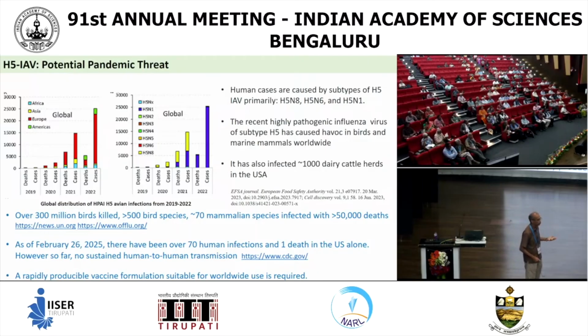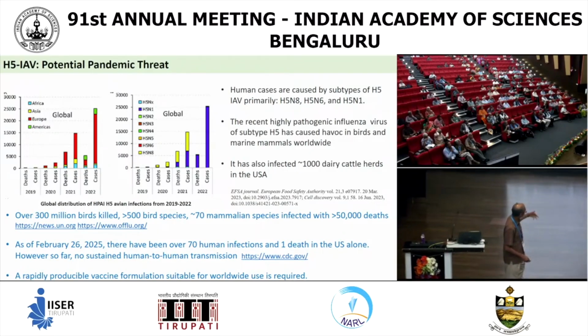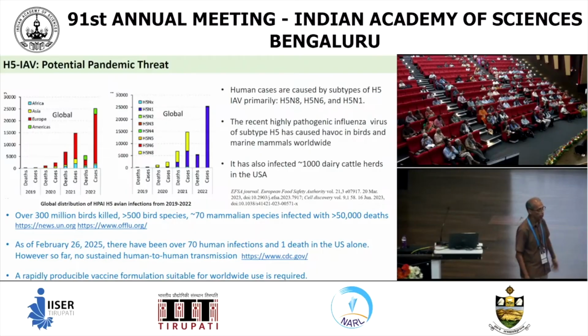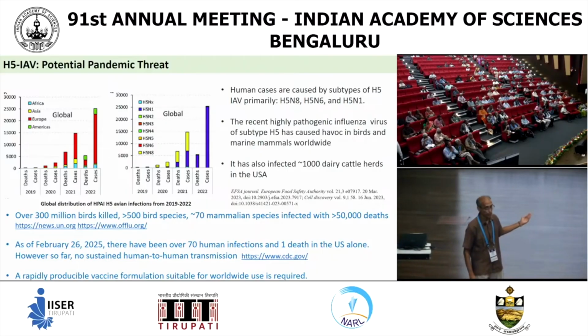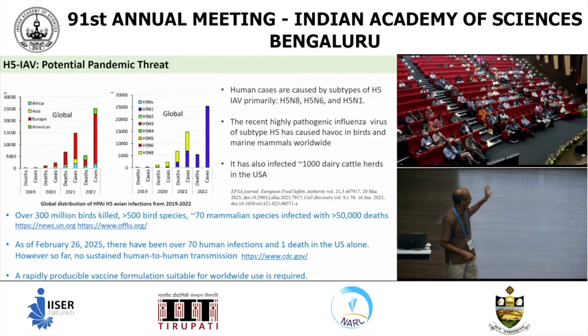So people need to pasteurize the milk, heat it up before they drink it. So we and others have been working on approaches to deal with this potential pandemic threat. As I said, fortunately, so far it has not. There's been no case of human-to-human transmission documented. The number of deaths in humans from this particular strain has been very low.